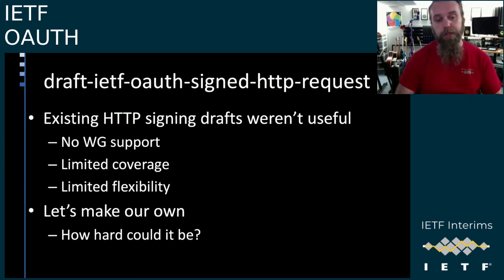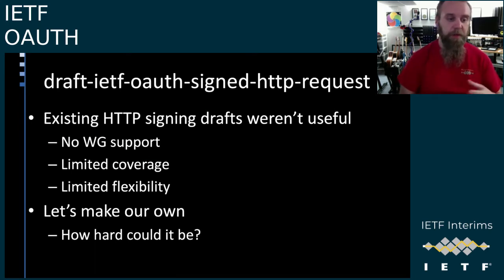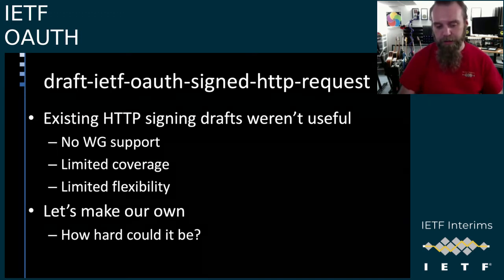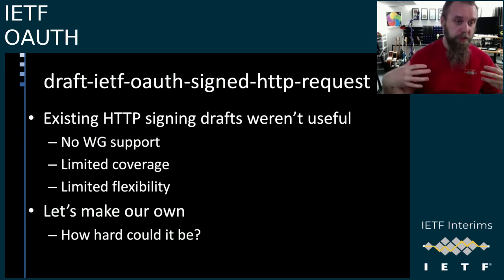There was limited coverage of the HTTP message, and most importantly, very limited flexibility about how and what you could sign and how to actually use it. All of them had a very specific use case they were coming from, and they didn't have the machinery of a working group to push that into general functionality.